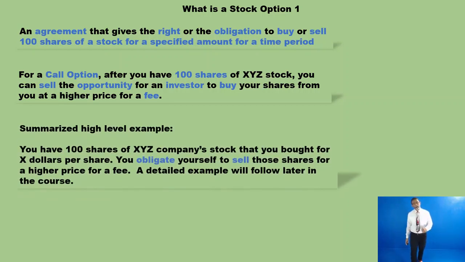Now, a real summarized example of what I'm referring to would be having 100 shares of XYZ company that you bought for a certain dollar amount, and later having an agreement, an obligation as a result of having, for example, a covered call option, to sell those shares to an investor at a higher price for a particular designated amount of time, for a fee.